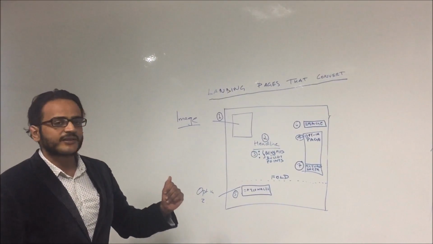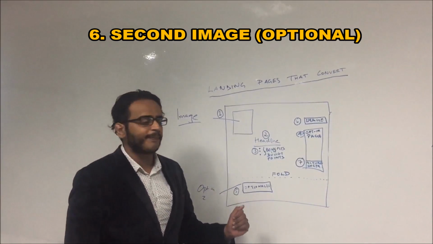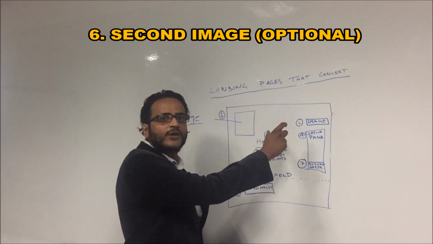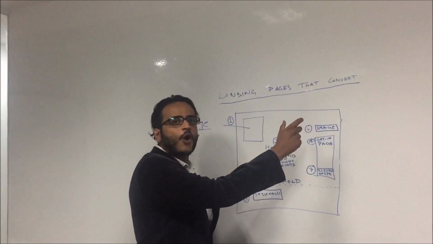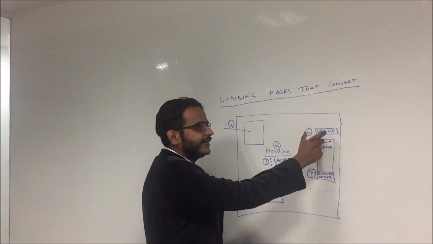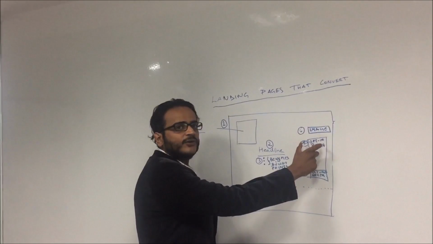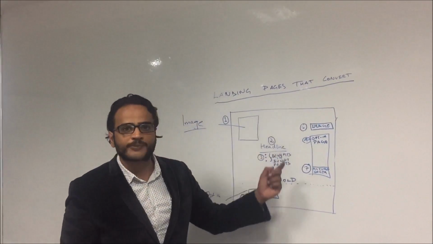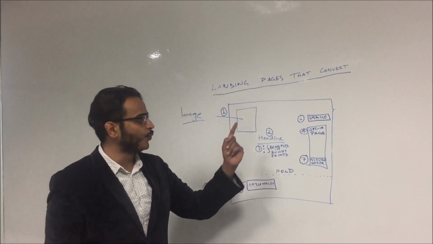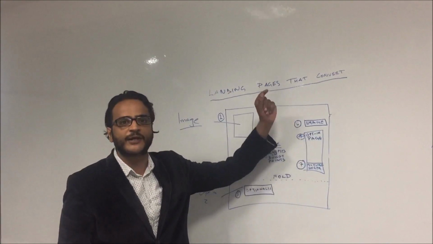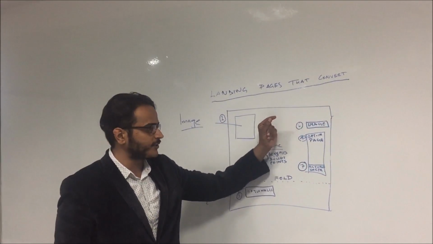The number 6 element that goes into a landing page is another image of the same product or service that you're trying to offer, and this needs to go on top of the opt-in details box that you've created on the right hand side. Again, this is optional because you've already created that image as the first image, but if you want to, make sure that it goes right on top of the opt-in box.